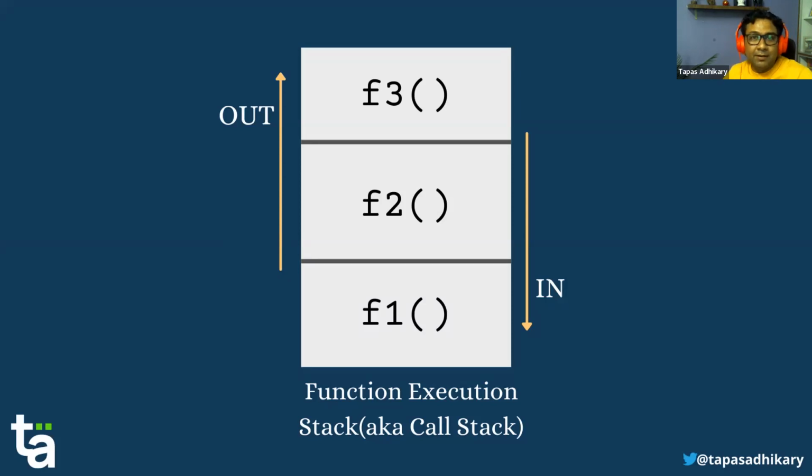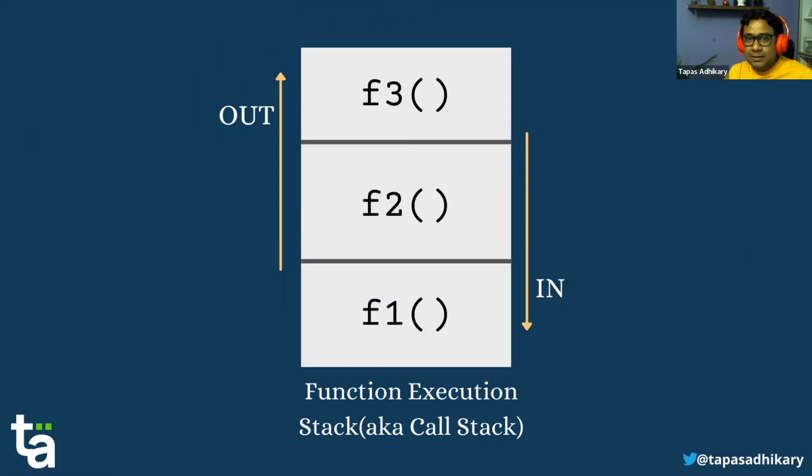Most of us are aware of the stack data structure: whatever gets in first is going to come out last from that particular data structure. So if a function f1 gets inside the stack, then f2 gets inside the stack, then f3 gets inside the stack, f3 comes out first, then only f2 gets an opportunity to come out, and then f1 gets an opportunity to come out.